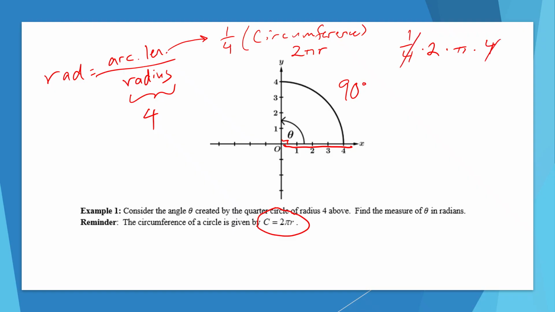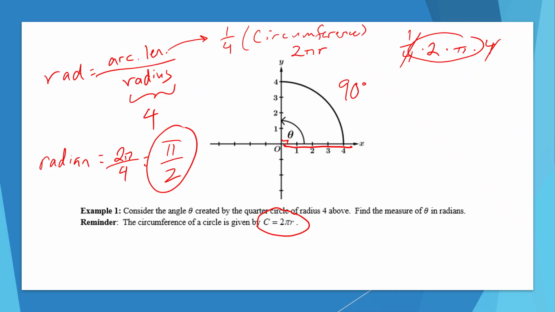These will kind of cancel out, and so we are just left with 2 pi. So the radian angle measure will be equal to 2 pi over our radius, 4. Simplifying this a little bit more, we should get pi over 2, and that is going to be our angle measure in radians.